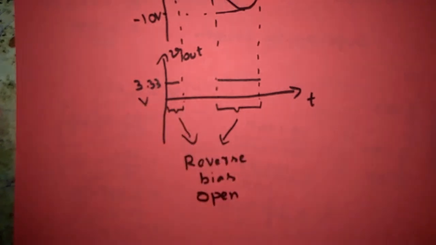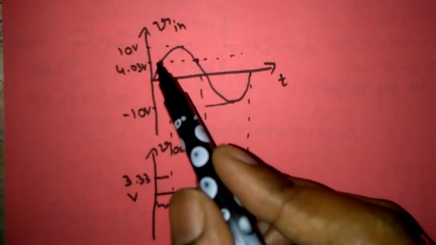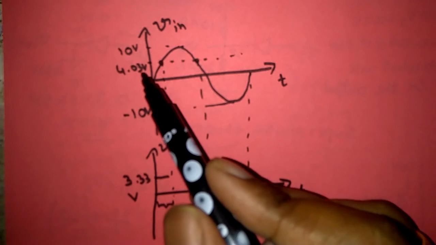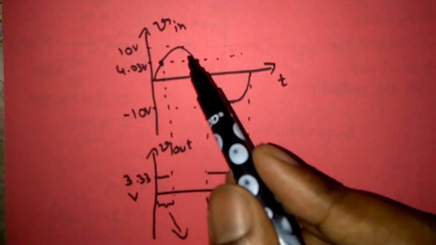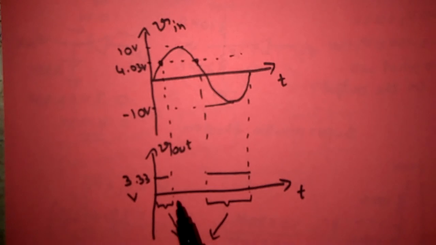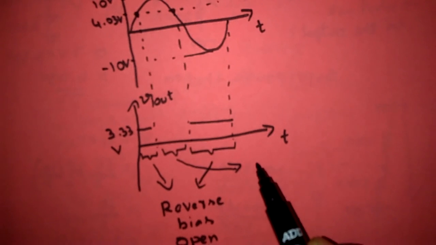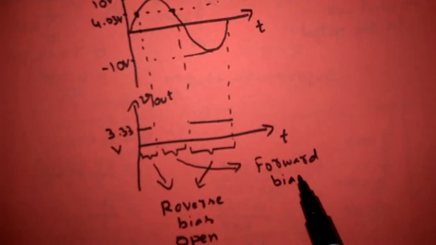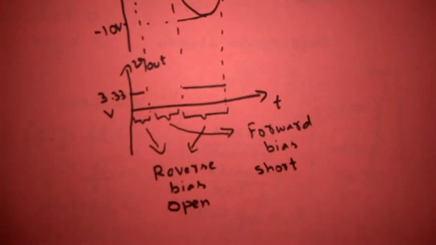Now from this point to this point, our input exceeds the reference voltage, that is 4.03 volts. That means anode voltage is greater than cathode voltage by the amount of cut-in voltage. So diode enters into forward bias. That means this region indicates diode enters into forward bias and it is short circuited.